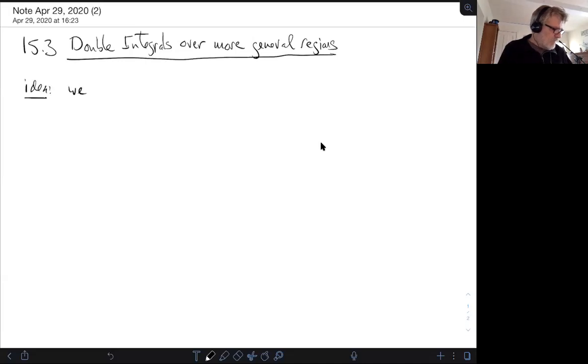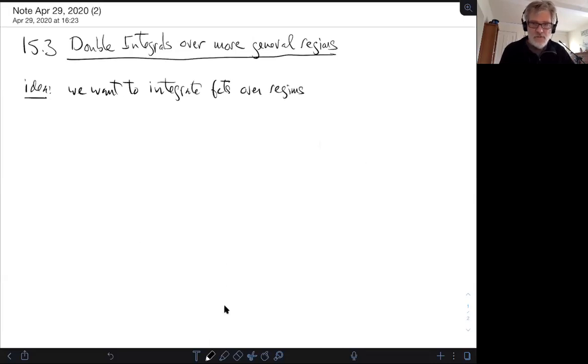We want to integrate functions over regions more general than rectangles.